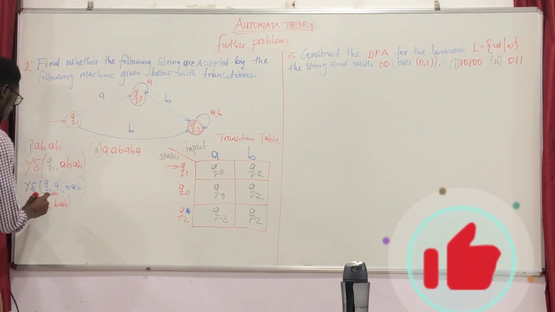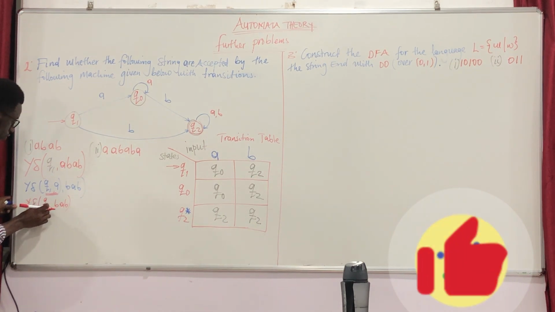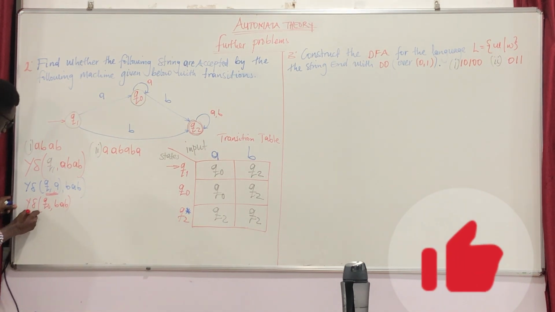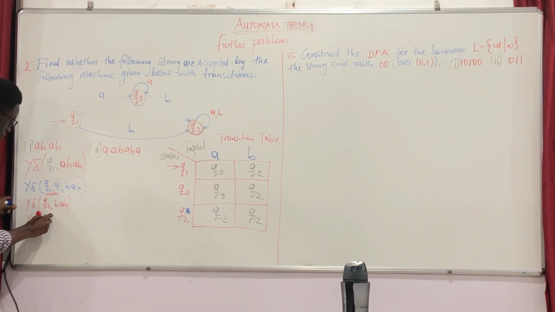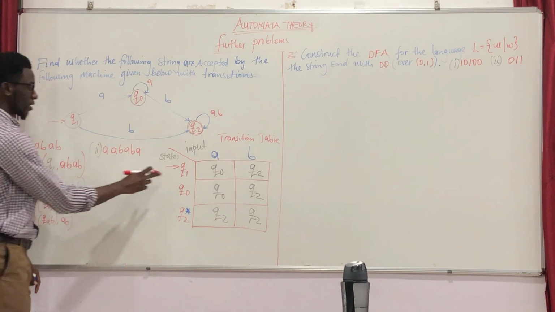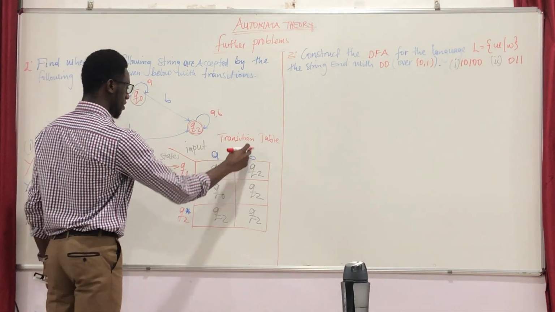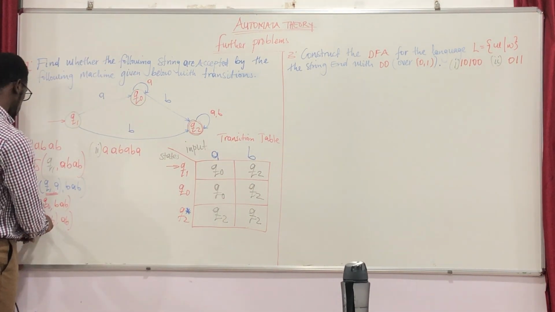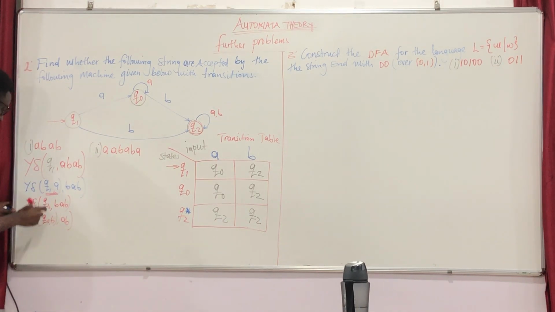Now we take Q0 and B. Again the transition of Q0, comma B, and we say AB. Q0B is Q2.